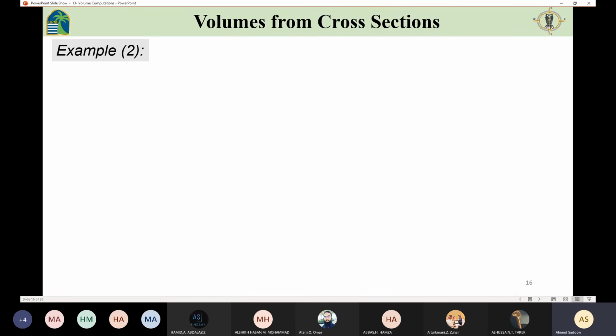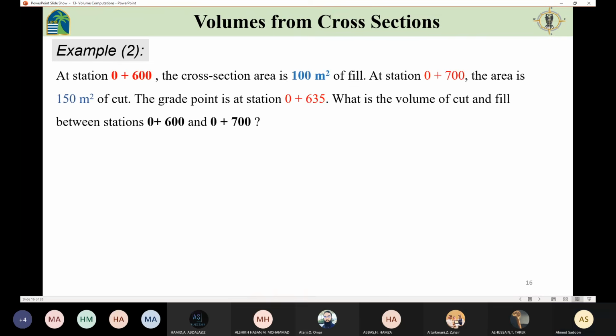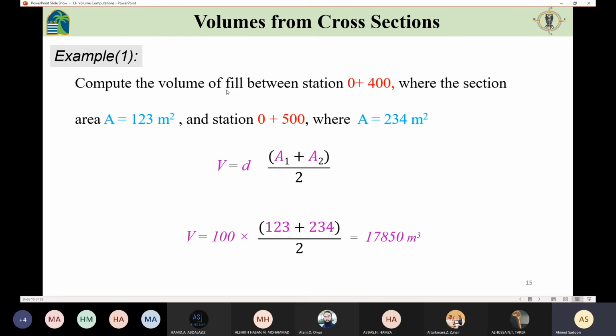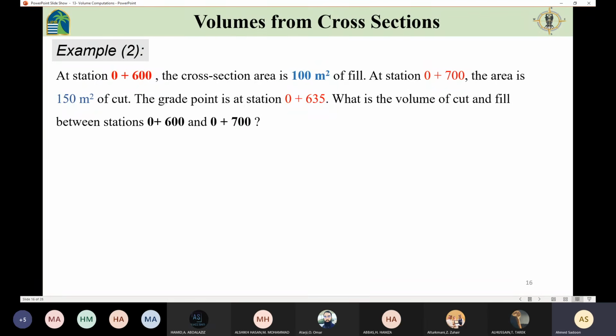The problem also could be a little bit more complicated. In this example, we have only fill, and this also could be only a cut. But for the example to be a little bit more complicated, we are going to have cut and fill. In this example, they say that at station 0 plus 600, the cross-sectional area is 100 meters squared of a fill.